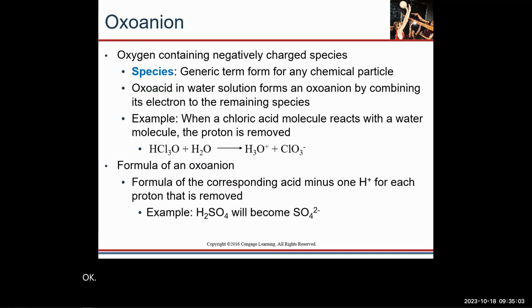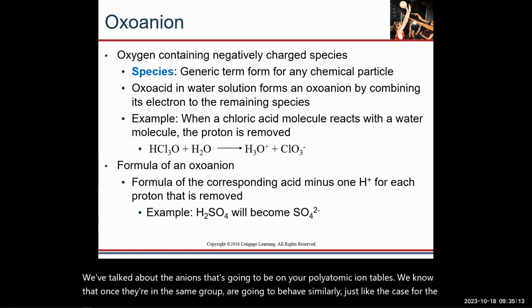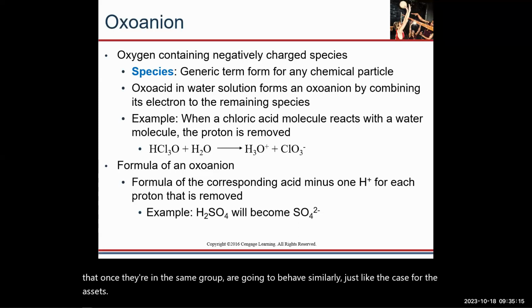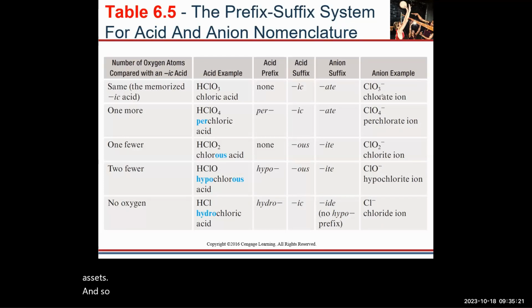We've talked about the anions. That's going to be on your polyatomic ion tables. We know that ones that are in the same group are going to behave similarly, just like the case for the acids. And so here's our anion.